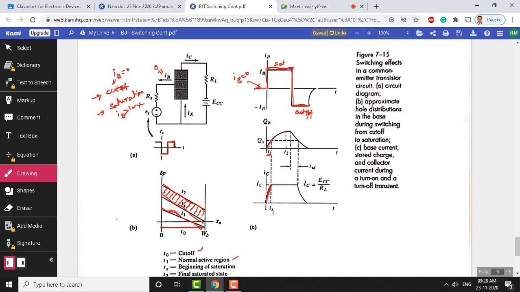TS, as we already said, is the beginning of saturation. When QB becomes equal to QS, the charges are sufficient and the device has entered saturation. If you maintain a constant base current, charge distribution within the base region continues, so QB keeps increasing.